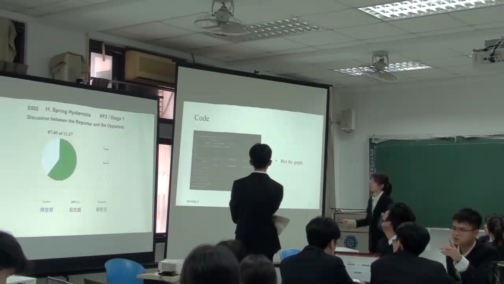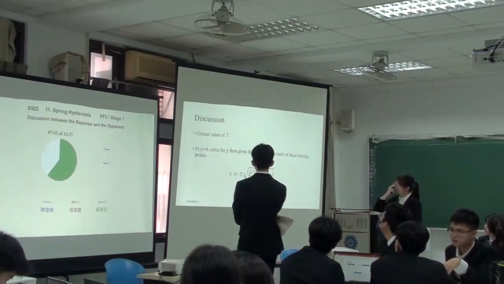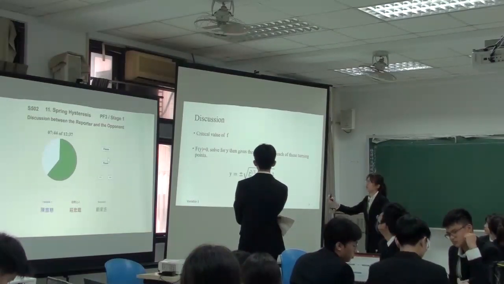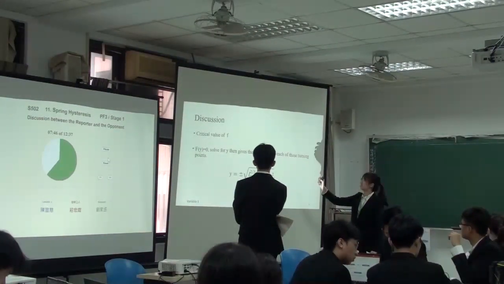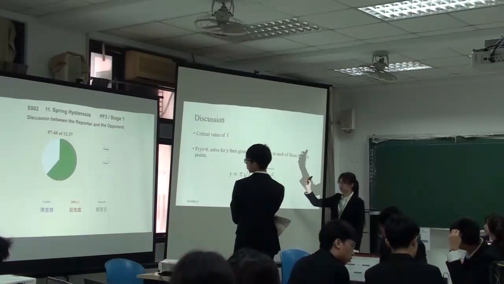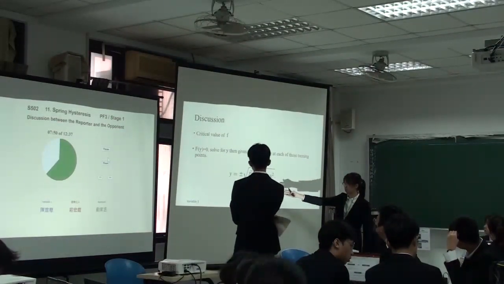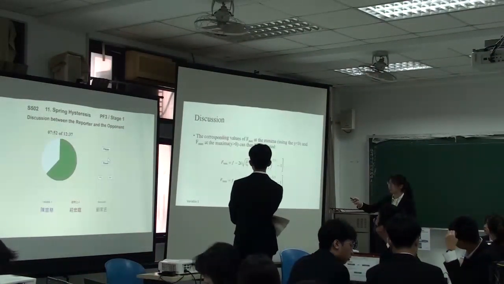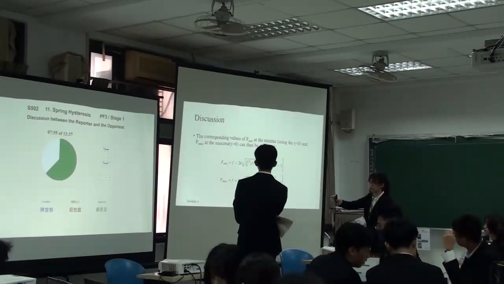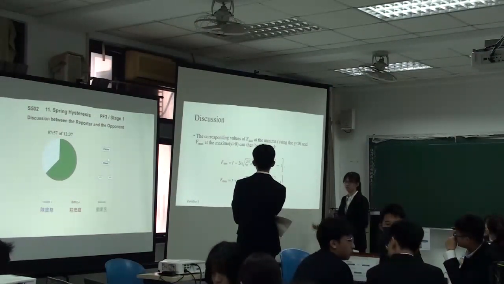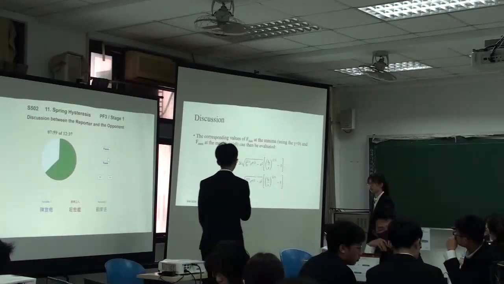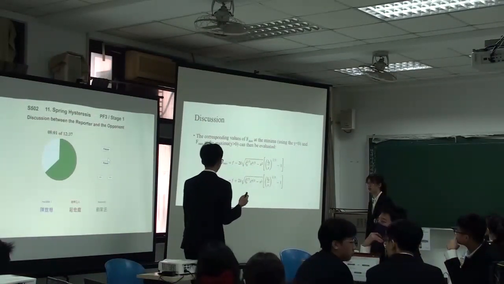Here, we want to get the critical value of F. So when we differentiate our equation, we can get that y equals this. And then when we substitute y into our original equation, we can get these two. So you solve for y. Yeah.